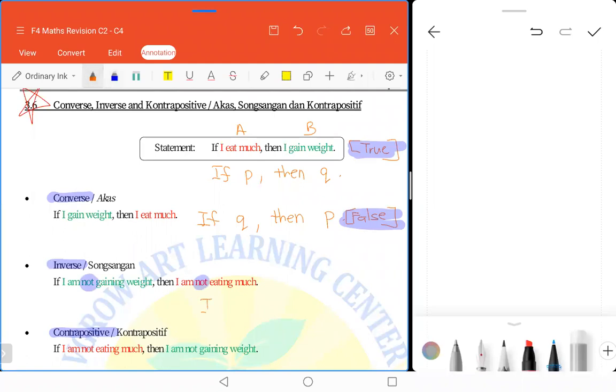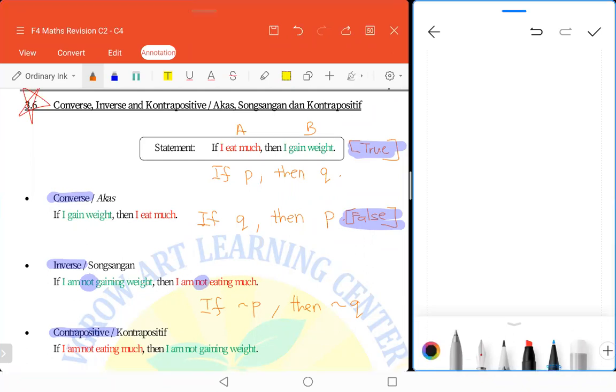So it will be: if not P, then not Q. All right, so over here for inverse, if not P, then not Q. Inverse.